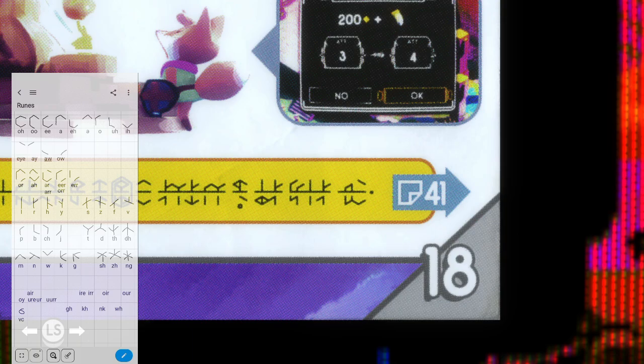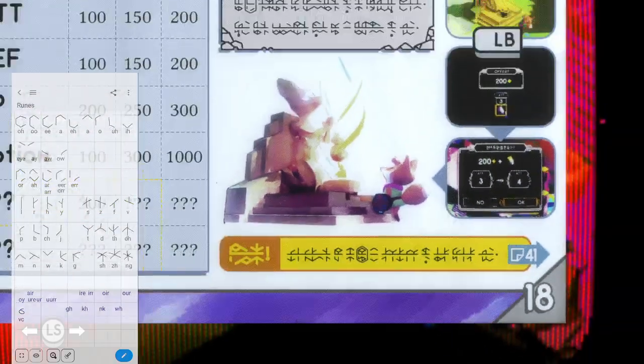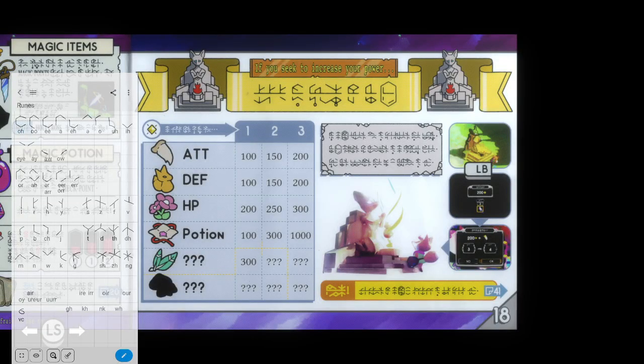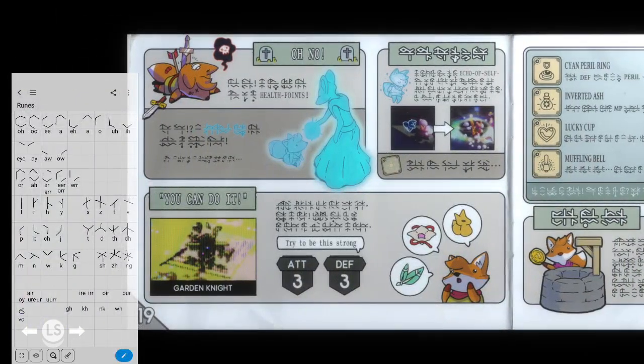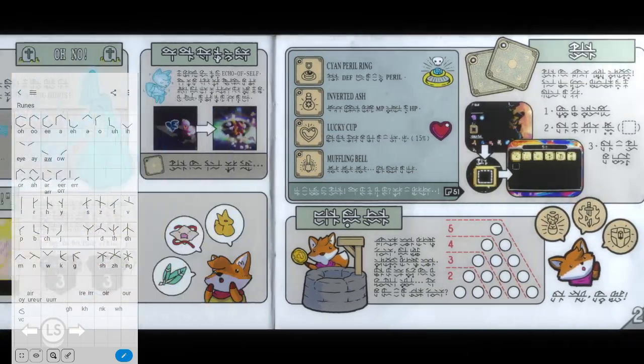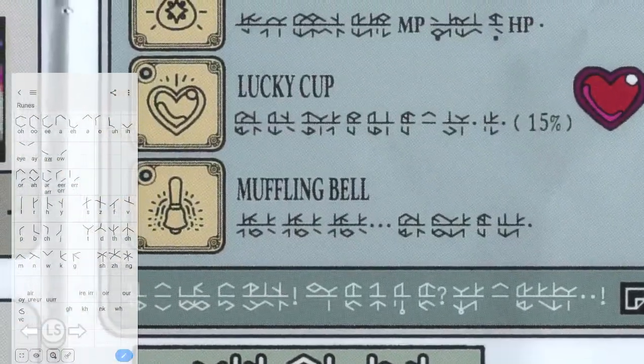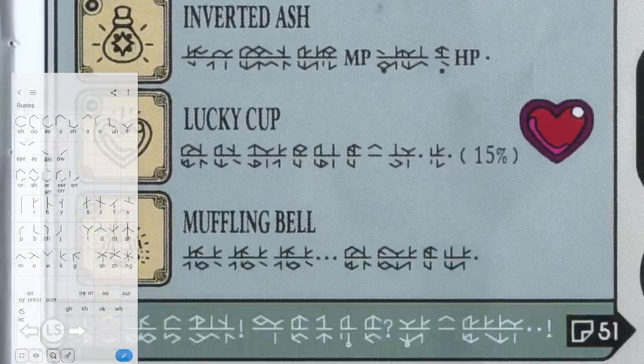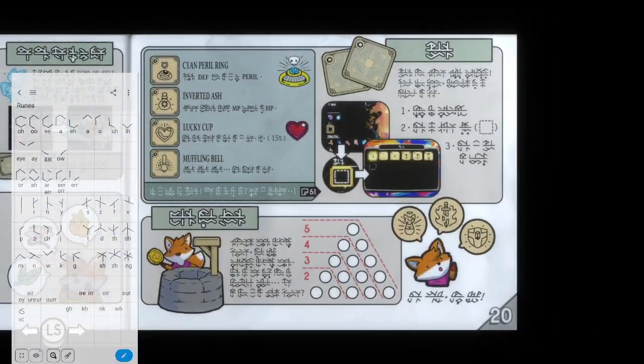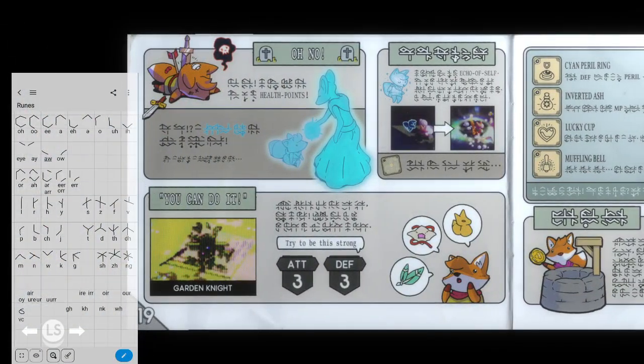Oh no, of this fool's power. Okay, I'm going to just look for particularly interesting things. Sort of want to read the Lucky Cup, but not that badly right now.